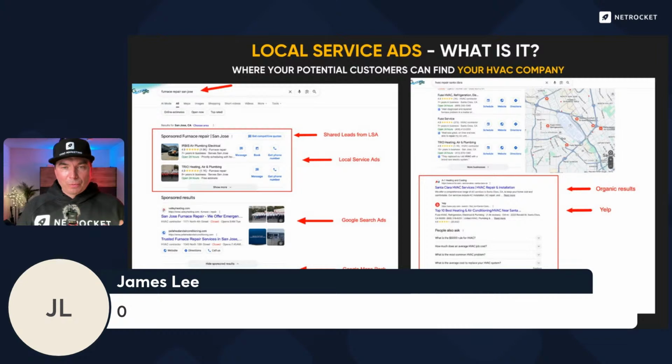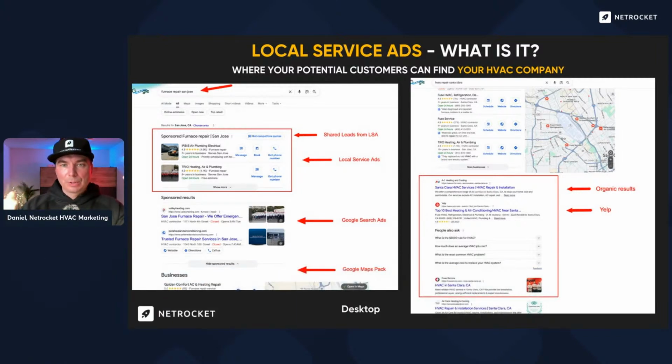I will continue. So first of all, where can you see the local service ads? You can see them at the very top. In this example, I searched for furnace repair San Jose. This is where some of our clients are based. And you can see that the very top result is the local service ads.